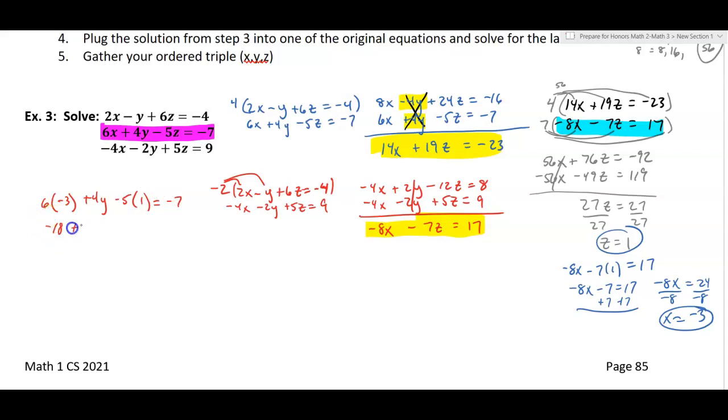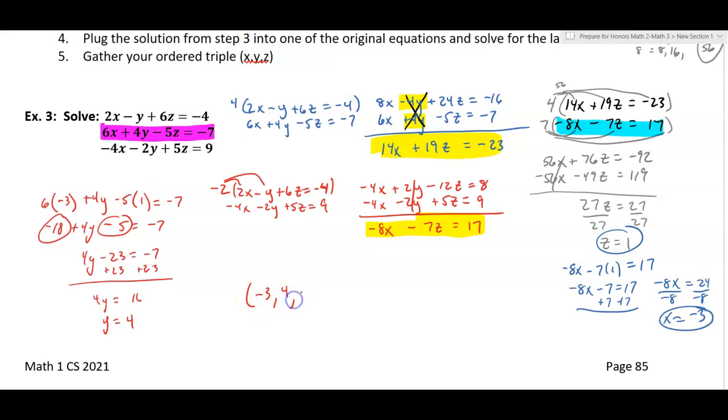So negative 18 plus 4y minus 5 equals negative 7. Combine like terms here: 4y minus 23 equals negative 7. Add 23: 4y equals 16. y equals 4. So my ordered triple solution would be x is negative 3, y is 4, z is 1. And that is your solution.